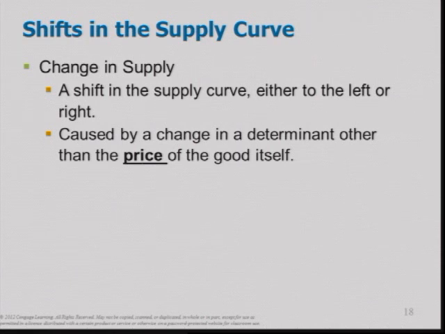Remember, if there's a change in the price of the product itself, it's going to move along the curve, and we call that a change in quantity supplied. But if it's something other, a determinant is a fancy word for something that's going to shift supply or demand. That is called a change in supply.